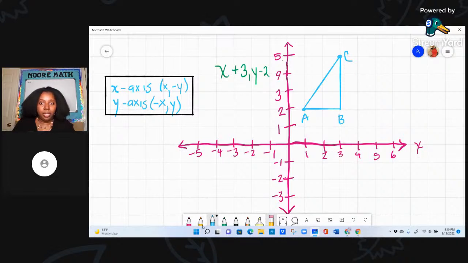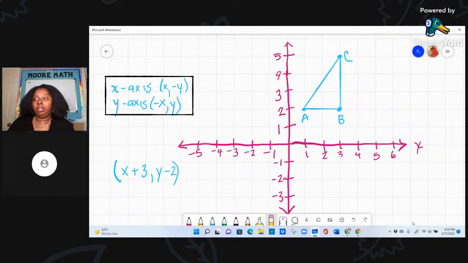Okay. So here's A, B, and C. So here's your translation. Okay, so that's what I want you to do. And when you're ready, I want you to tell me where A, B, and C should go, okay? Okay.